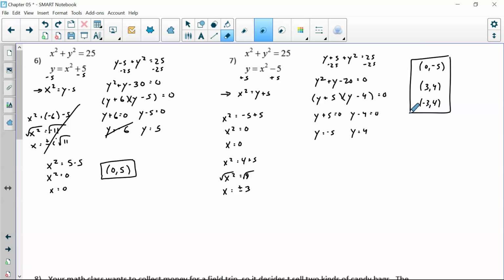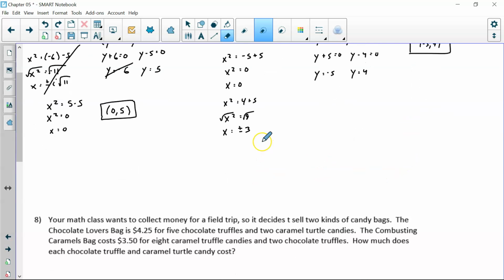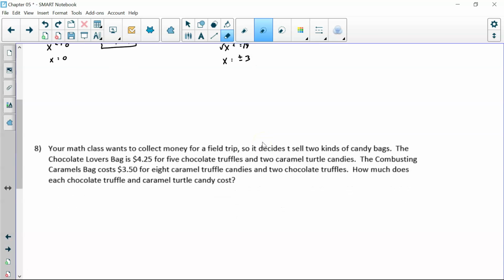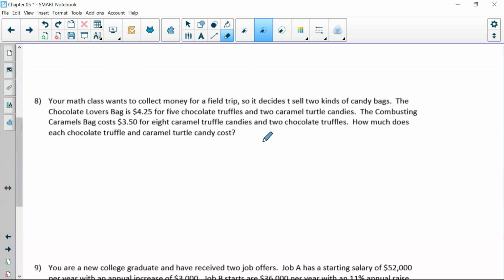All right, last couple problems. We're just going to write the equation and not solve. Your math class wants to collect money for a field trip, selling 2 types of candies. The Chocolate Lovers is $4.25 and has 5 truffles and 2 caramel turtles. The Combusting Caramels bag is $3.50 for 8 caramel truffles and 2 chocolate truffles.